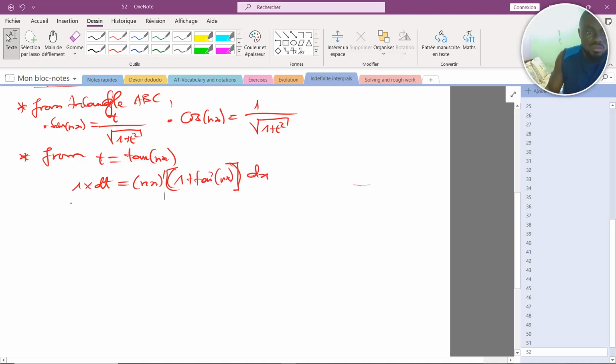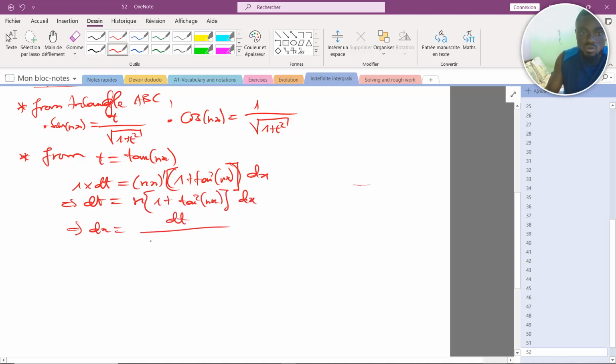So dt equals n times 1 plus tan squared nx times dx. Let's make dx the subject: dx equals dt over n times 1 plus tan squared nx.